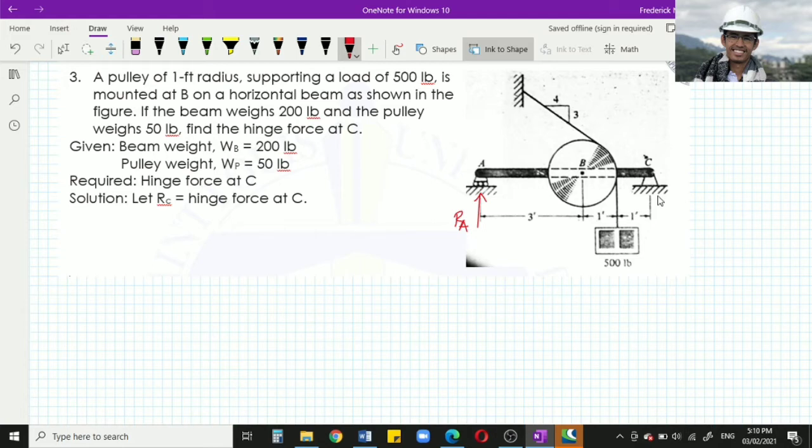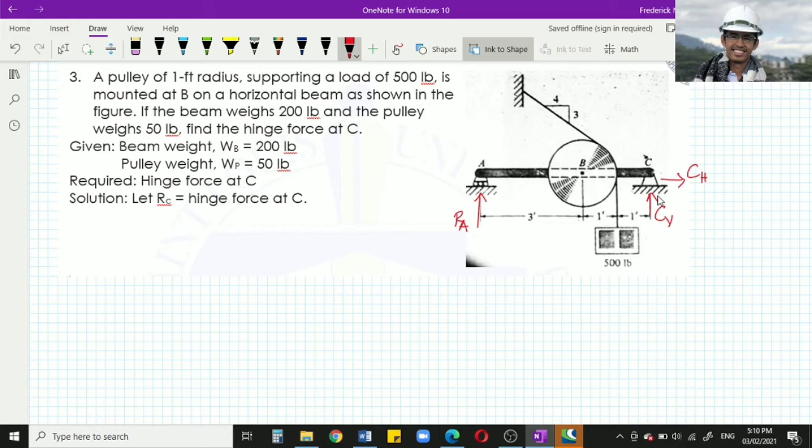Pero dito sa ating point C natin, dalawa yung force natin, magkakaroon tayo ng C vertical tsaka C horizontal. Okay? So ganoon kasi pin connection siya. So dalawa, meron tayong horizontal at saka vertical reaction. Okay?